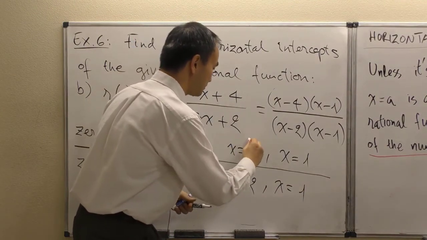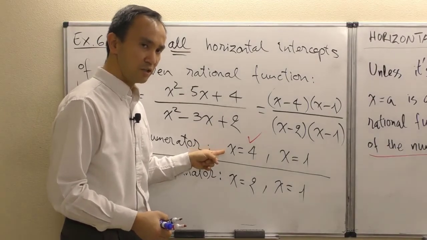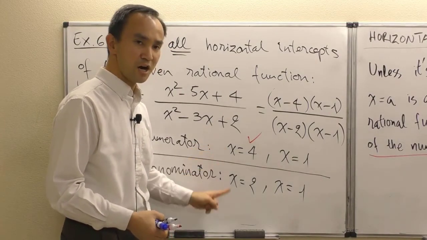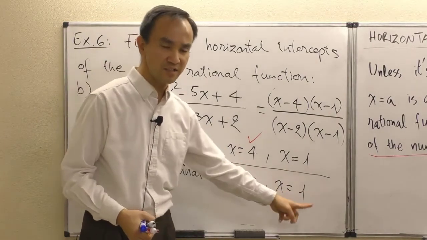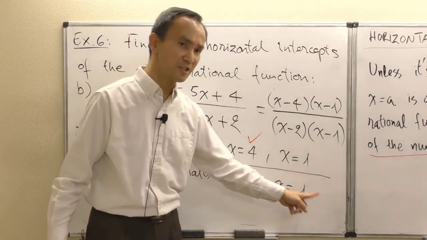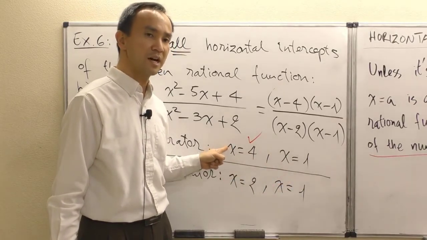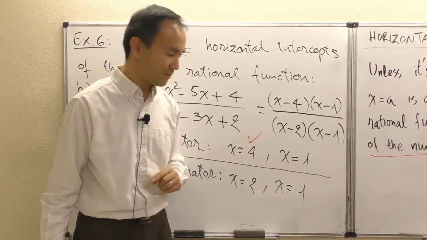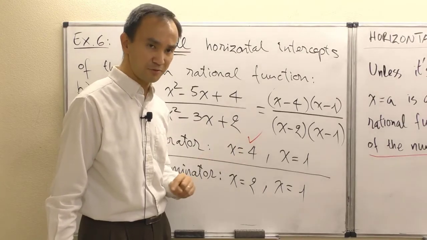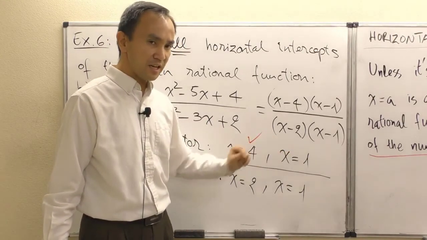This one passes because, yes, it's a zero in the numerator, and it's not among the zeros in the denominator. So that's why this one passed. We found one horizontal intercept at x equals 4. What about the other candidate?